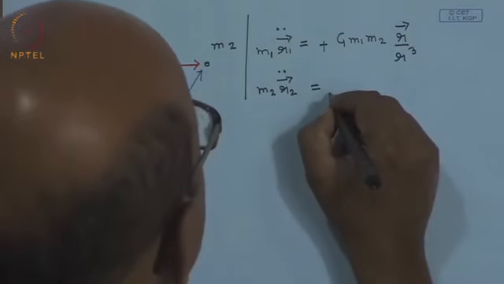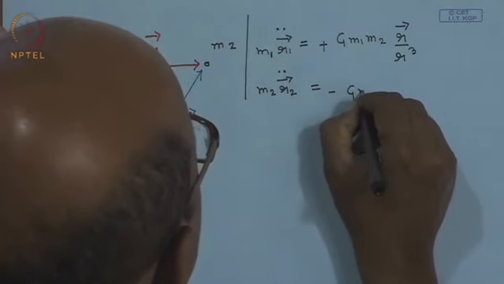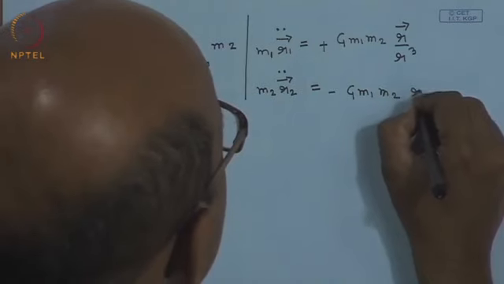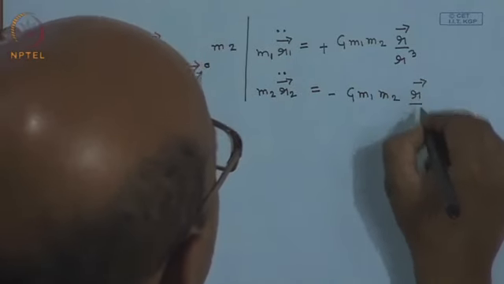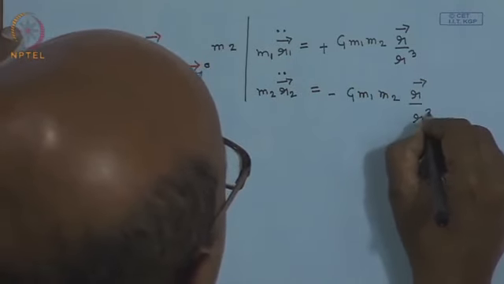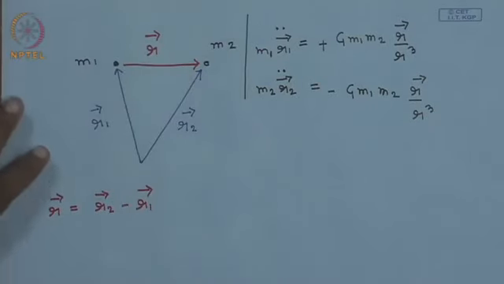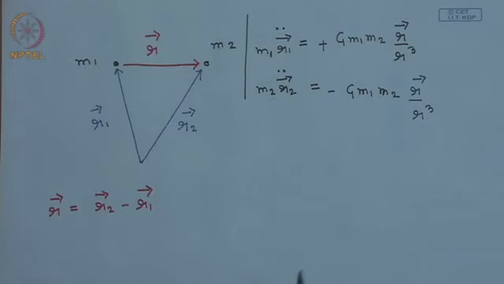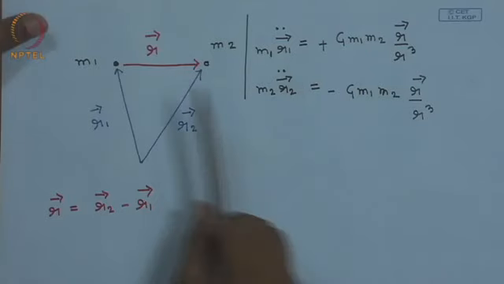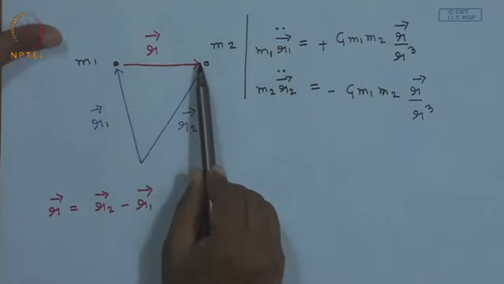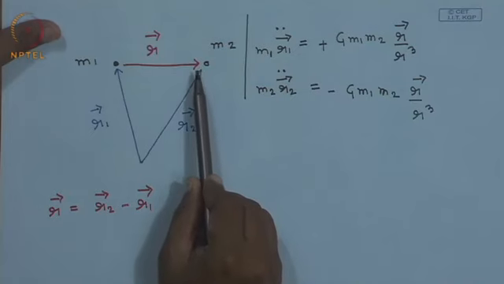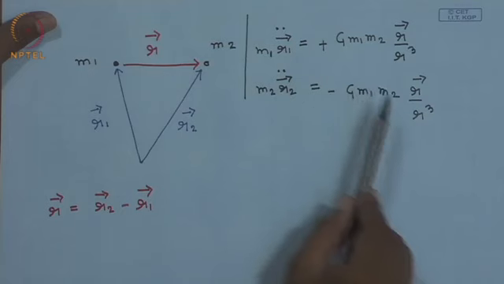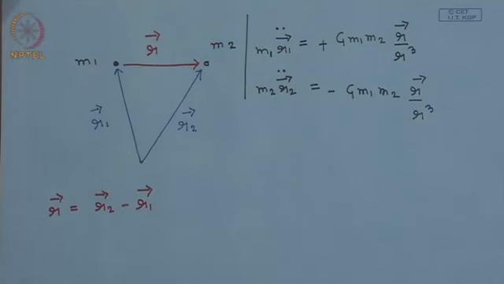So, I have to put a minus sign, G m1 m2, and the same thing, r by r cube. Now, the question is, how do we solve the equation of motion of these two particles? You can see that they are coupled. So, the motion of this particle depends on the coordinate of this particle, and the motion of this particle depends on the coordinates of this particle. We have to simultaneously solve both of these equations.